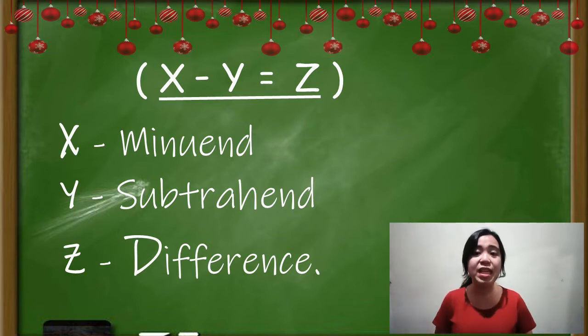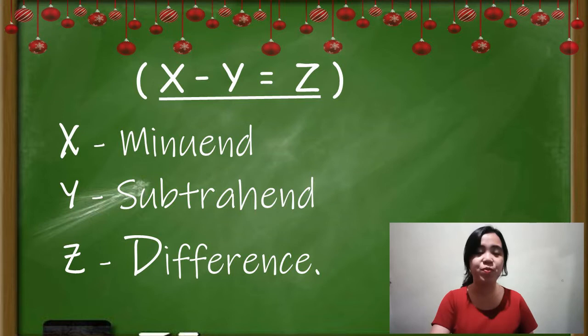Always remember that the minuend always comes first. It cannot be substituted with the subtrahend. It cannot be subtrahend minus the minuend. It should always be minuend minus the subtrahend to find the difference. Do you all get what I mean?